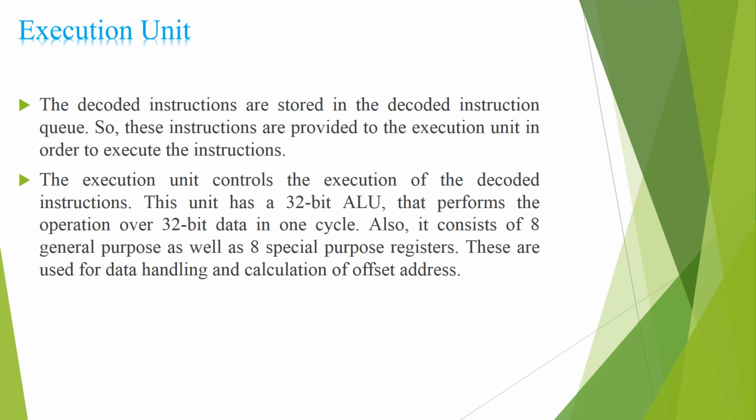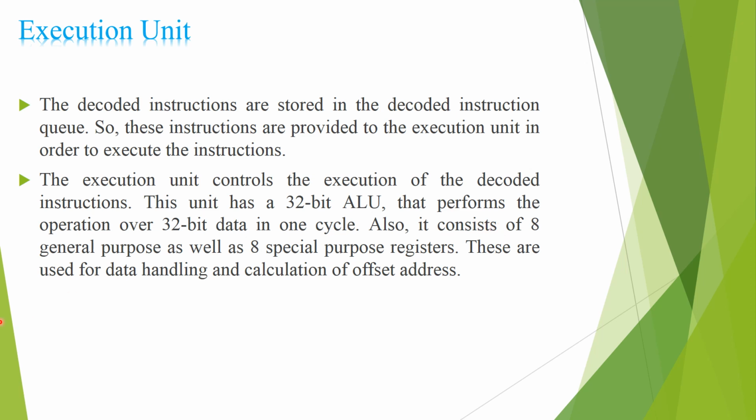Execution unit. The decoded instructions are stored in a decoded instruction queue. These instructions are provided to the execution unit in order to execute them. This unit controls the execution of the decoded instruction. This unit has a 32-bit ALU that performs operations over 32-bit data in one cycle.